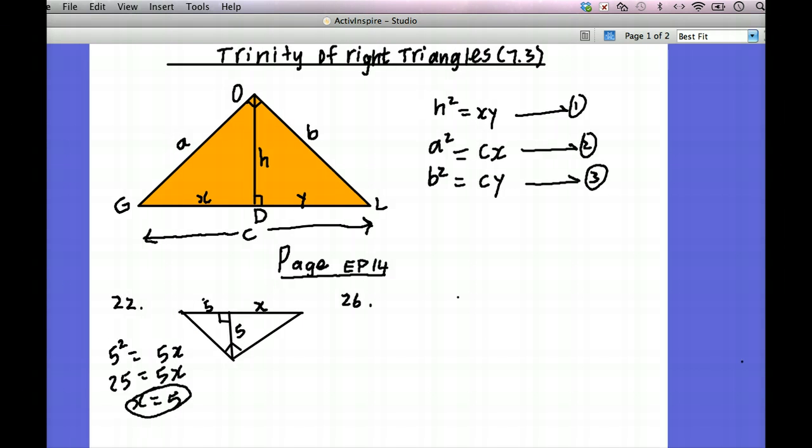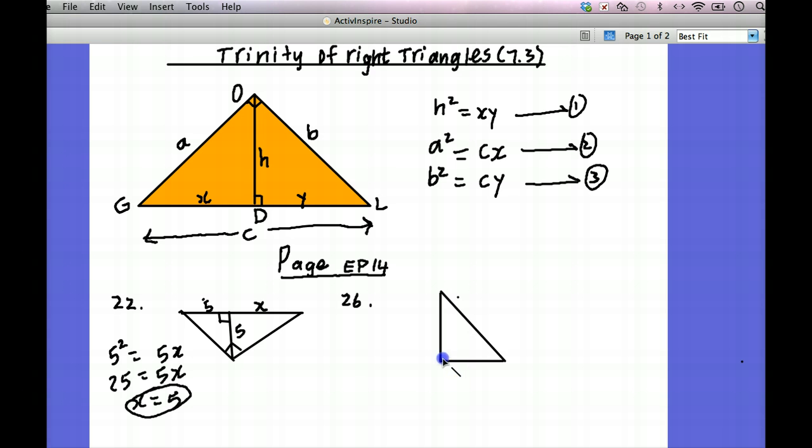I'm going to draw a couple, well, let me draw the vertical segment first, like this. And there's a horizontal portion which goes like this. Next, we're going to do the overall hypotenuse, which looks like this.